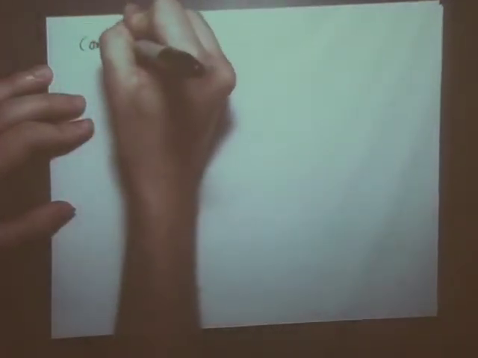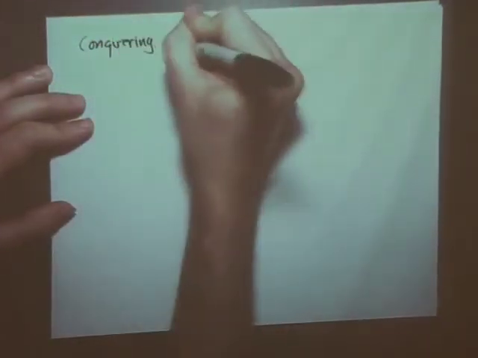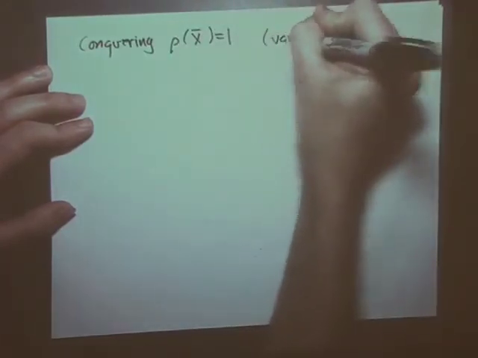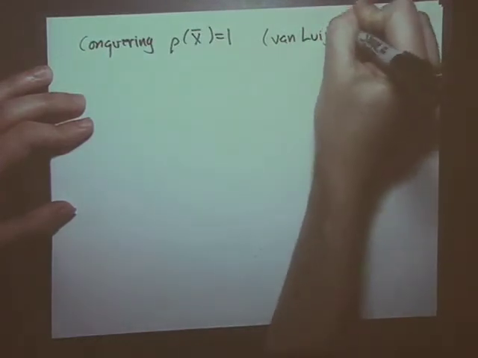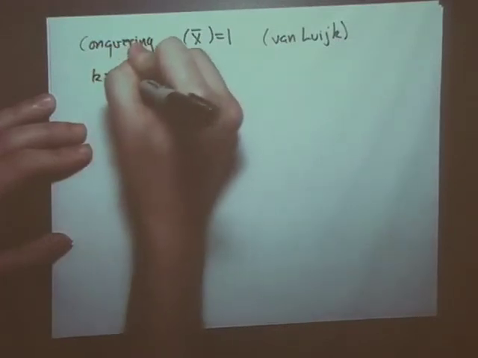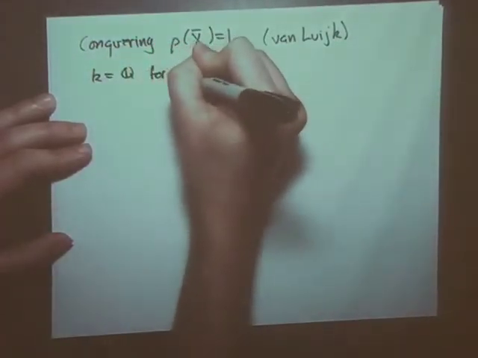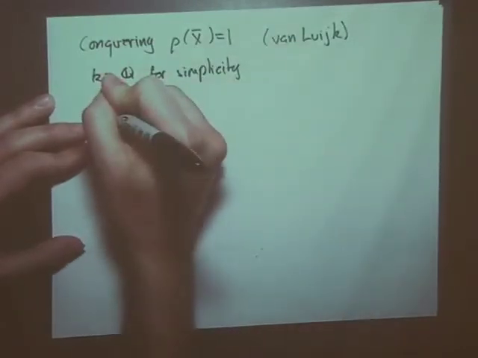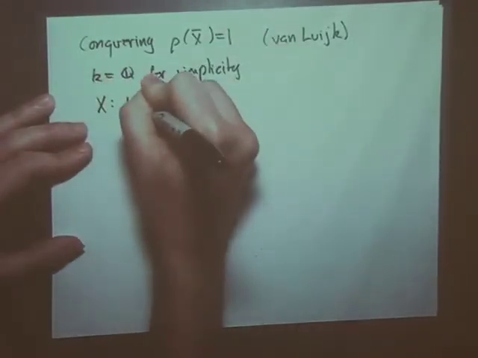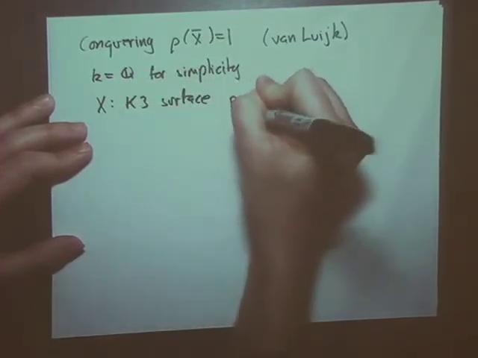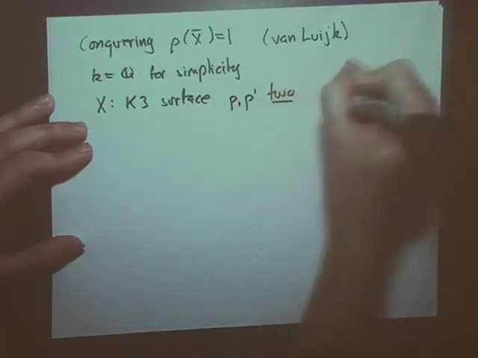So, conquering rho of x bar equals 1 over number fields, this is some work of van Luijk. I'm going to take k equals Q for simplicity, but I don't have to. And x is going to be a K3 surface. And then p and p prime are going to be 2 primes of good reduction.